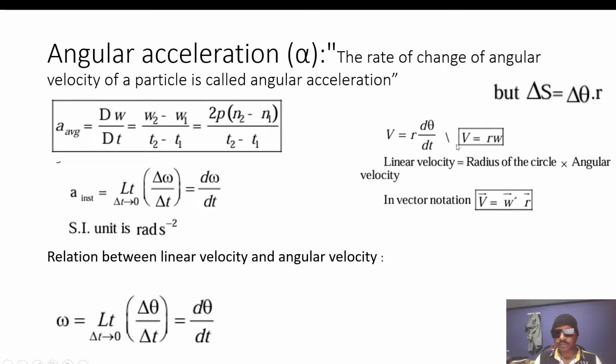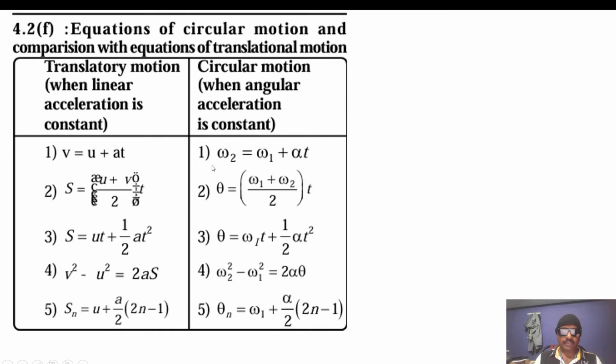Next, this is the relation between linear velocity and angular velocity: v equals r omega. So this is the relation between translational motion and circular motion. What are the equations of motion? v equals u plus at, s equals ut plus half a t square, v square minus u square equals 2as.